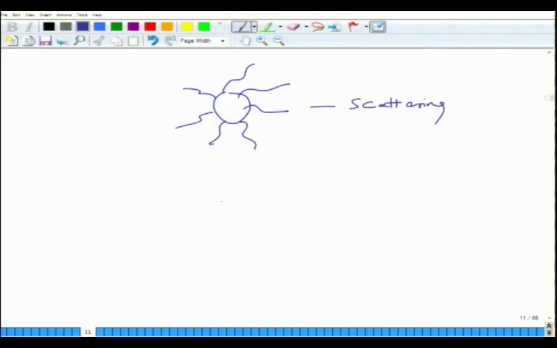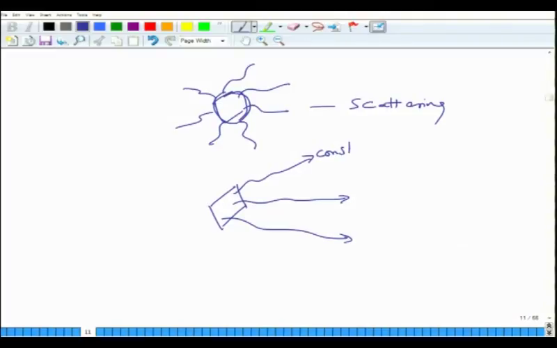And if you have a crystal which is diffracting, so you have specific directions along which you have constructively interfered beams. Only at these positions will you have diffraction occurring. Okay.